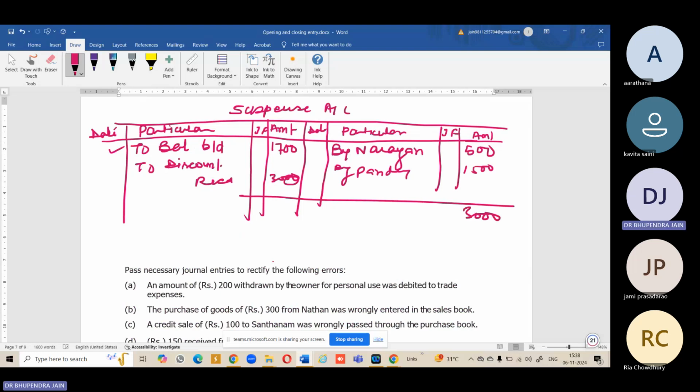Now check. Credit side total is 3,000 and debit side total is also 3,000. Whenever we rectify the mistake, automatically the balance of the suspense account will be nil, or matched. Clear? So now the account has been matched, or the account has been rectified.